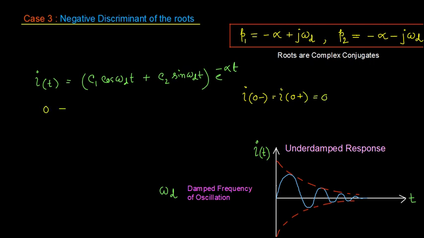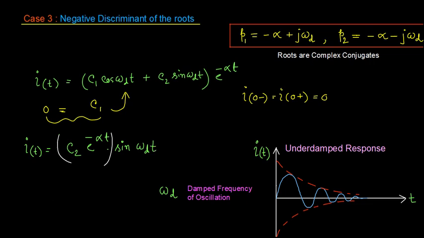So at t equal to 0 current is 0, C1 cos omega d t is C1 and the rest part is 0. So C1 comes out to be 0. So using this condition, C1 equal to 0, we have i(t) equal to some constant current C2 into e to the power minus alpha t multiplied by sine of omega d t.